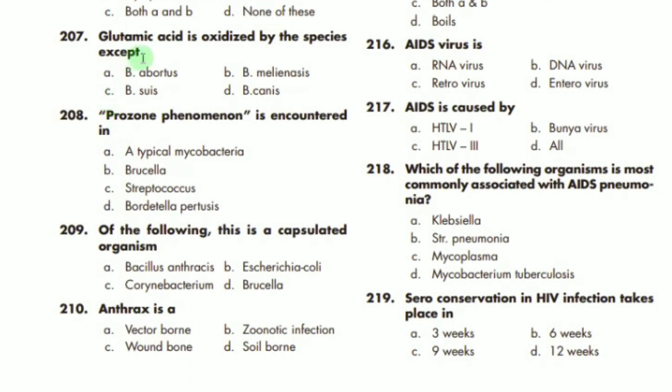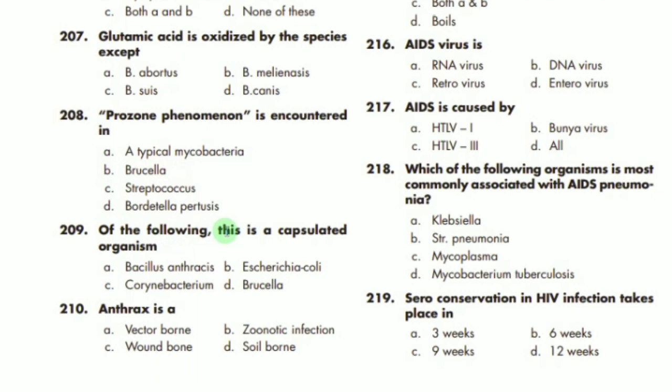MCQ 207 says that glutamic acid is oxidized by all species except Brucella canis. So D is the correct option. MCQ 208 says that the prozone phenomenon is mostly encountered with Brucella. B is the correct option.